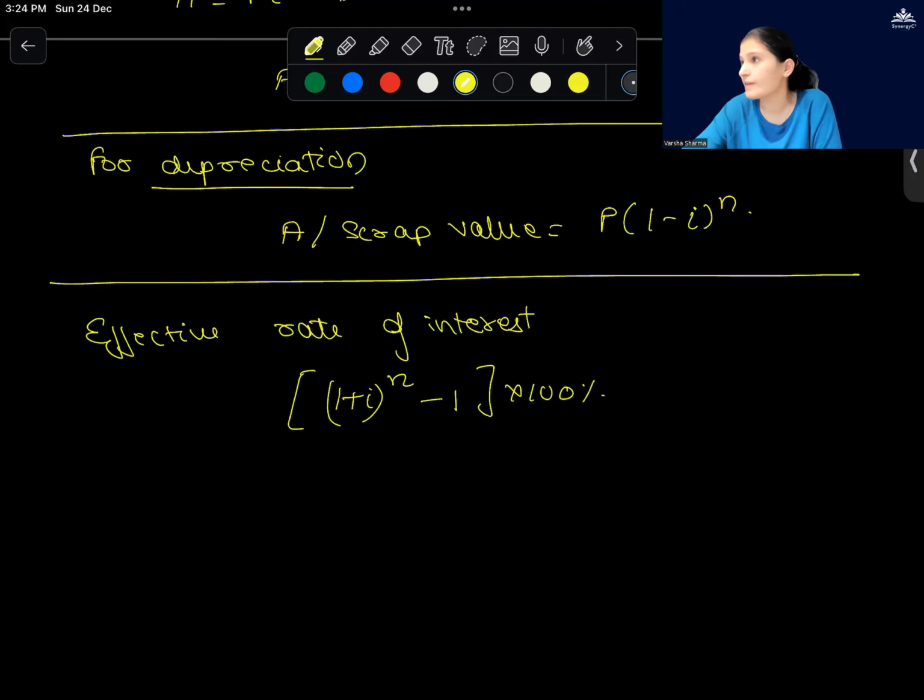So whichever is more after converting it into the effective rate, that will be taken. So if I am taking the loan, I want a lesser rate. If I am giving the loan, I want more rate. Clear? Done? Now what I'm going to write is all the tricks that we have talked about till now. Clear?